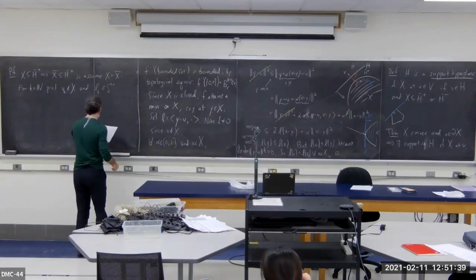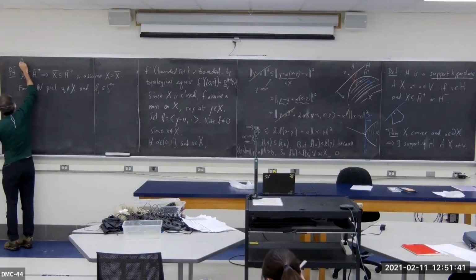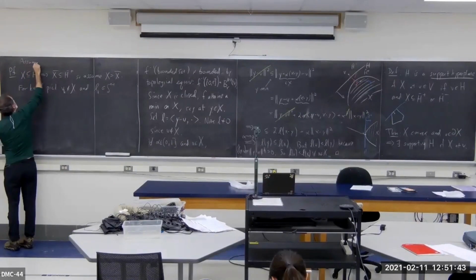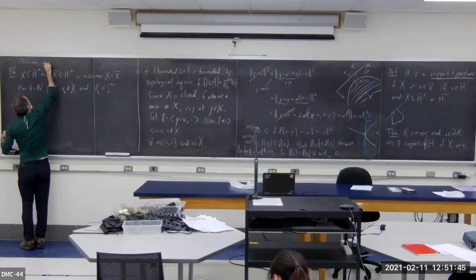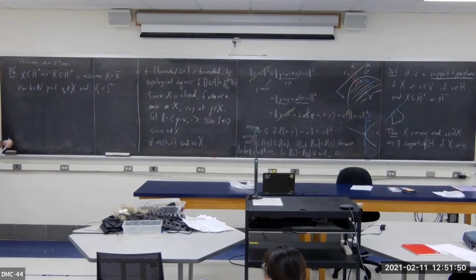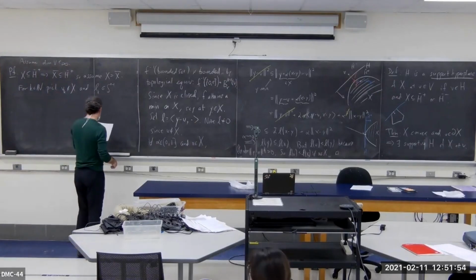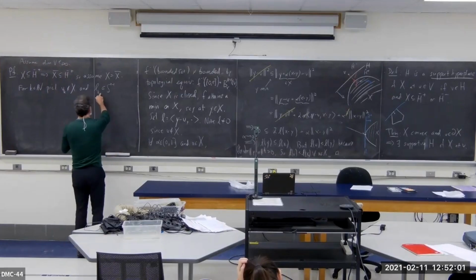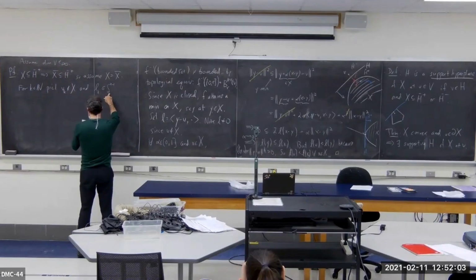This assumes finite dimension. Assume that the dimension of V is finite. In the proofs here, I'm always going to assume finite dimension, although this is true without finite dimension. So we have our linear function in S^(n-1). What is S^(n-1)?